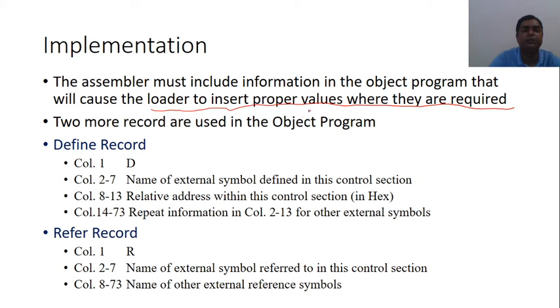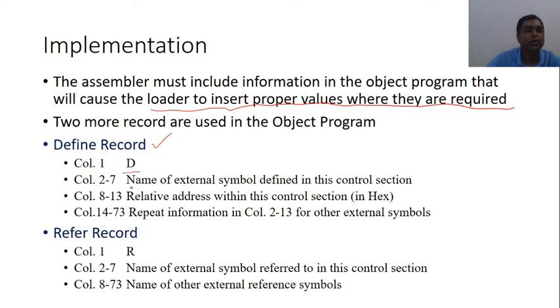That means we have to revise our modification record. There are two more records that are used in the object program. One is define record. How will it be written? Column 1, D stands for define record.